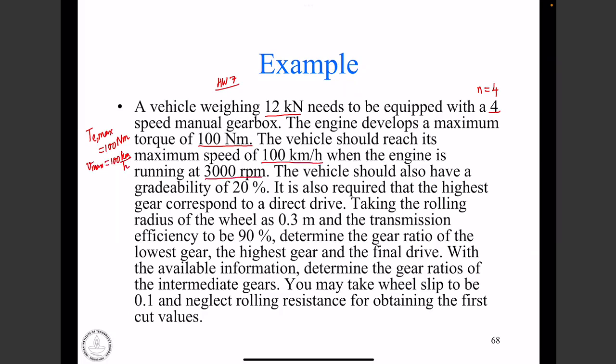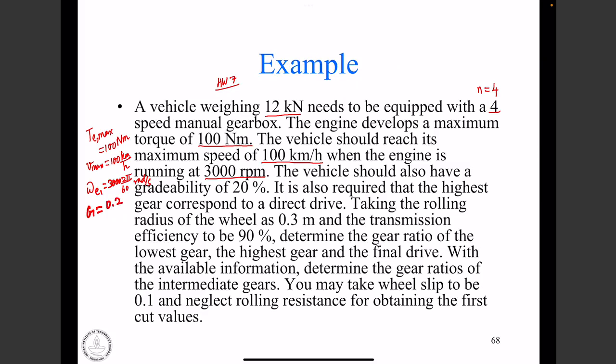This is when the engine is running at 3000 RPM. So for this NE1, of course, we need to be very careful. Omega E1 should be equal to 3000 times 2 pi by 60, in radians per second. Please don't forget to multiply by 2 pi by 60. Gradability is 20%, that means G is 0.2. From here, we can calculate theta S max as tan inverse of 0.2.